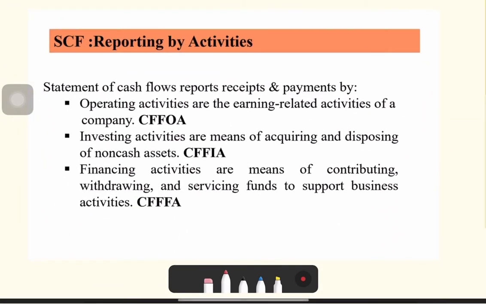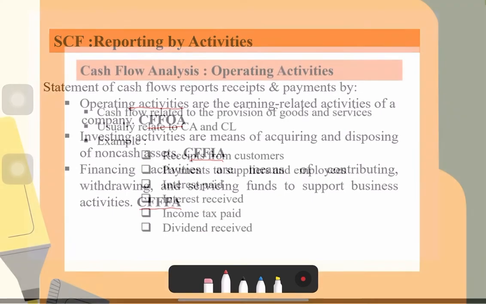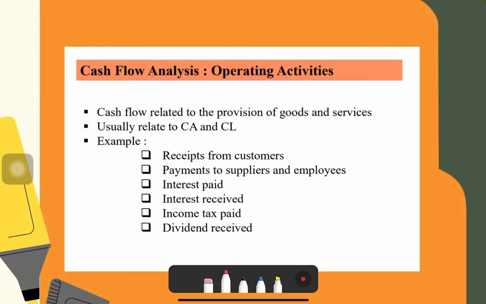Okay, so the statement of cash flow reporting by activities. As we know, operating activities. So the cash flow from operating activities, cash flow from investing activities, and the cash flow from financing activities. Now let's have a look at what are the items to be recorded under cash flow from operating activities.